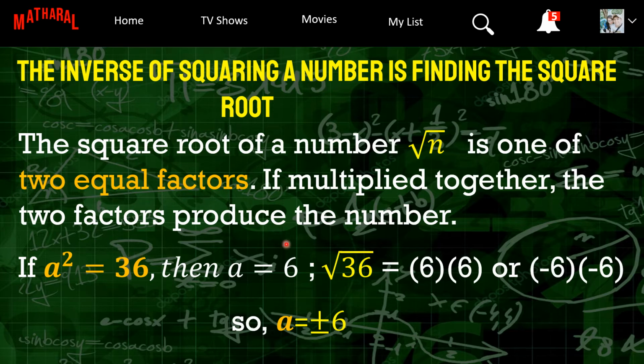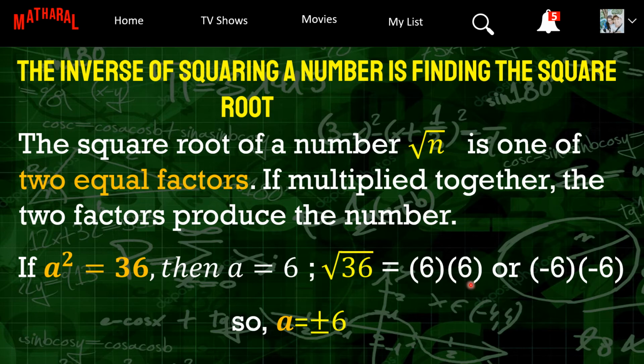Ngayon naman, pagdating po sa square root of a number, nabanggit sa ating previous slides that there is a two-sign number. Isang positive, isang negative. So, yun po, ito po siya. This is the proof of the positive and negative sign na nabanggit po kanina.